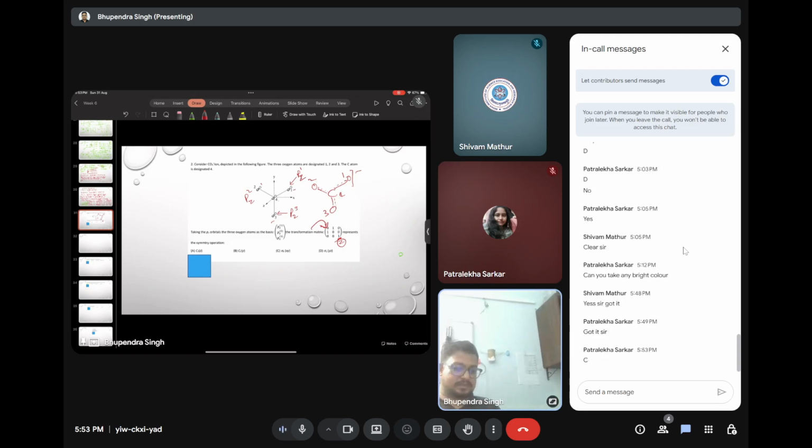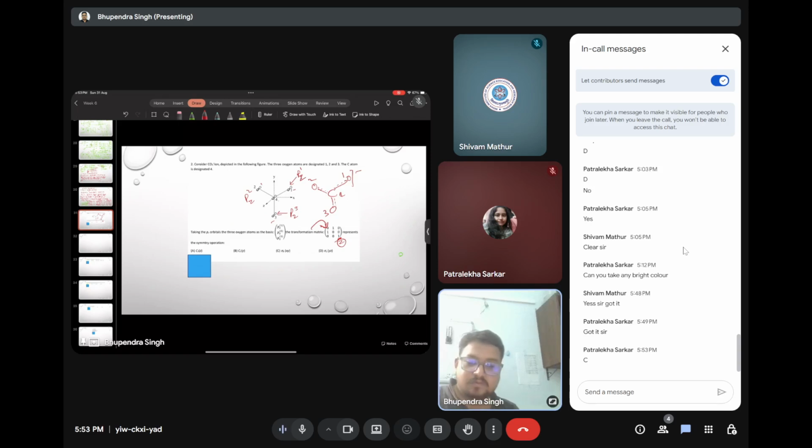Okay, Patslekha is saying C. How is C? Because the C option is sigma h xy, which means the Z will change. But in the transformation matrix, Z remains Z, I mean Z is not changing.